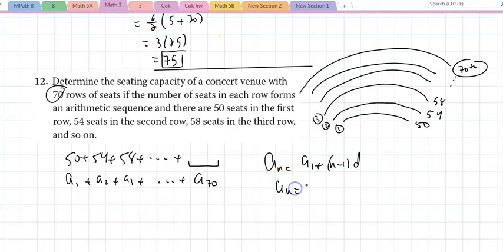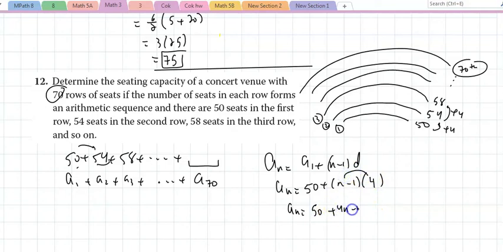The first term is 50. The common difference, what are you adding every time? Take any term, subtract the previous term, you're adding 4. So the general term is 50 plus 4n minus 4, which is 46 plus 4n.